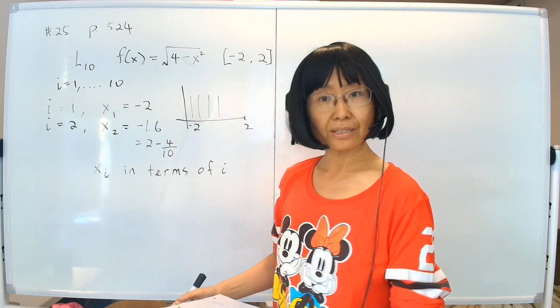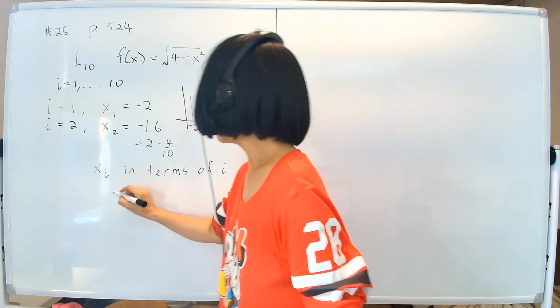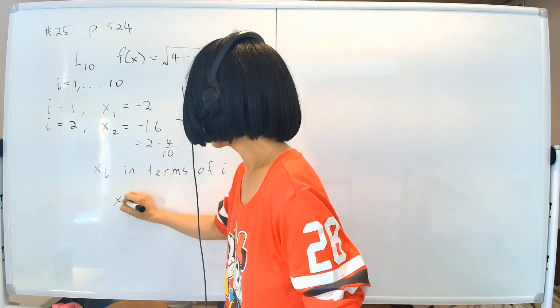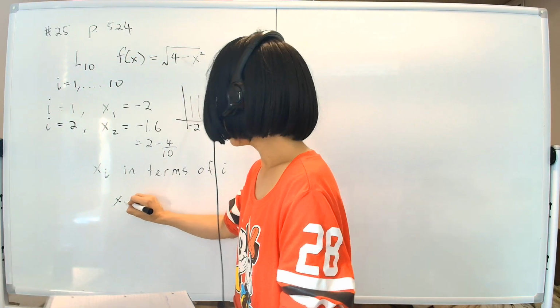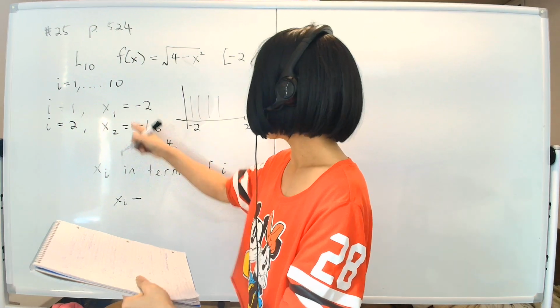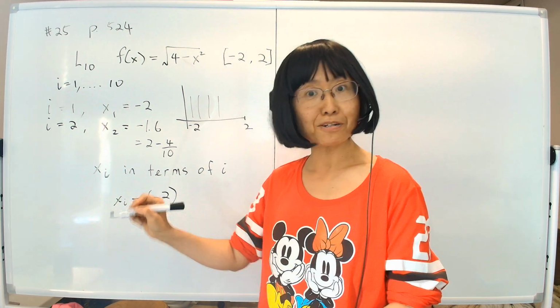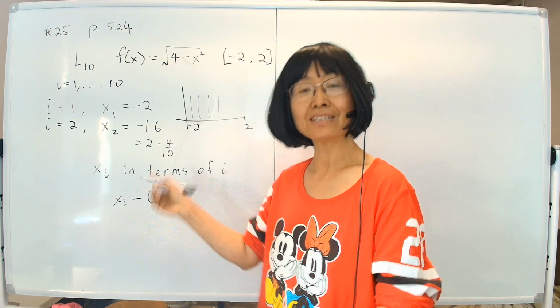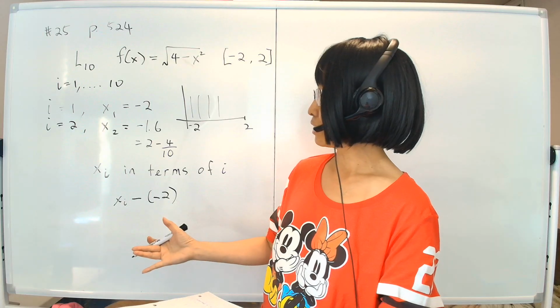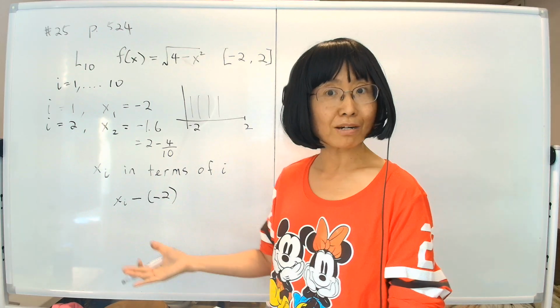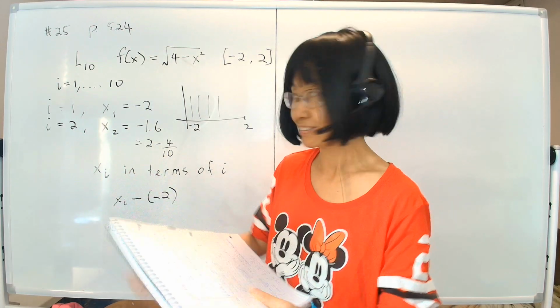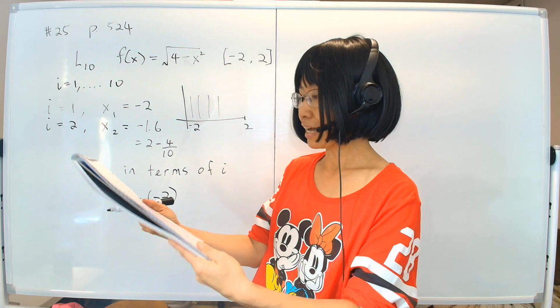So using the point slope formula, we get xi minus, we'll pick one of them, minus negative 2, okay? I'm doing the point slope formula now: y2 minus y1 over x2 minus x1 equals y minus y1 over x minus x1. The same one that we've been doing this whole time.